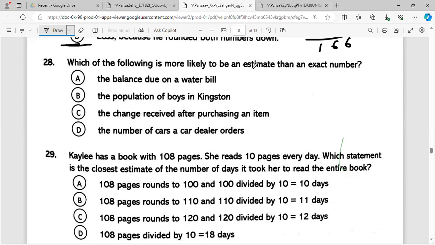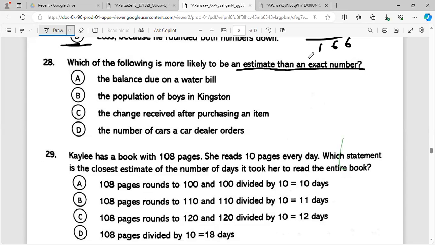More likely to be an estimate. Sir, I said the population of boys in Kingston. I say B. Can I explain? Yeah. Oh, sir, I changed my answer to B, sir. I did not read the question properly. Sir, the reason why I chose B, the population of boys in Kingston.